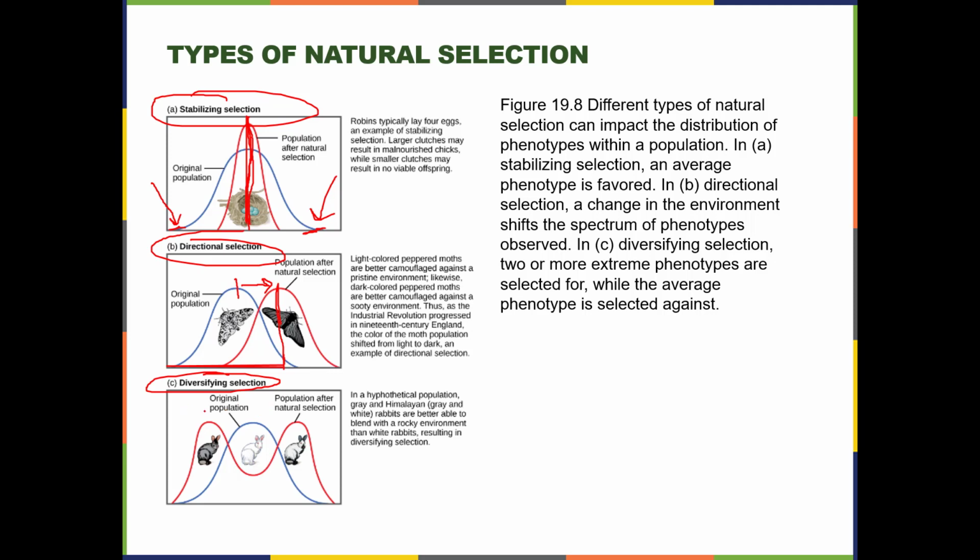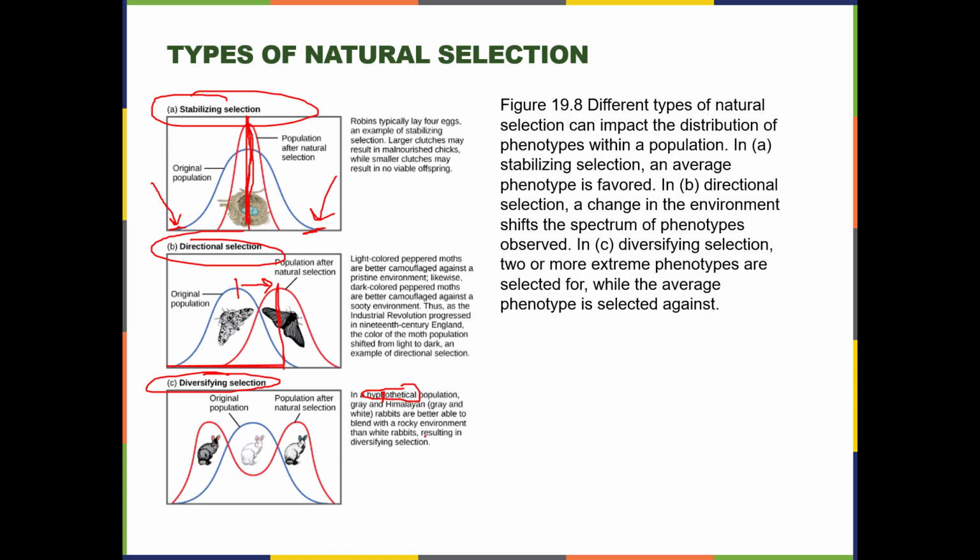Honestly, they have to make up an example, and I can't even think of an example of this, but it's called diversifying selection. It's conceptually the opposite of stabilizing selection. In diversifying selection, and you'll notice even that they spelled hypothetical wrong. Hypothetical. There's too many H's there.